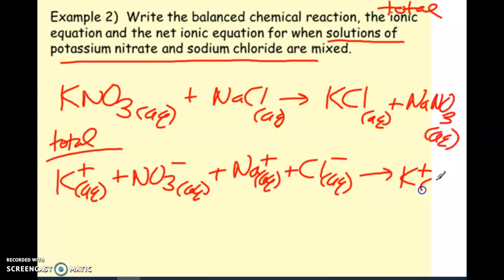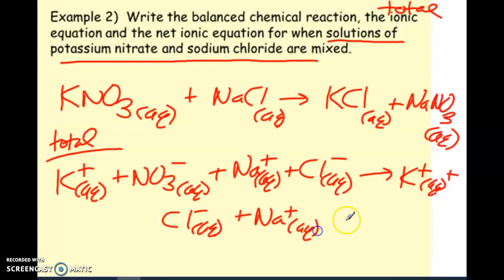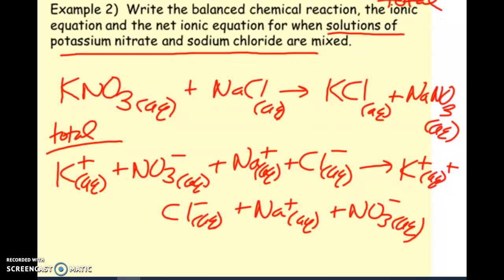We have potassium ions plus chloride ions. Then we have sodium ions and nitrate ions. So remember, only the aqueous substances get split up. If you had a solid, a liquid, or a gas, you would not be separating the ions out.